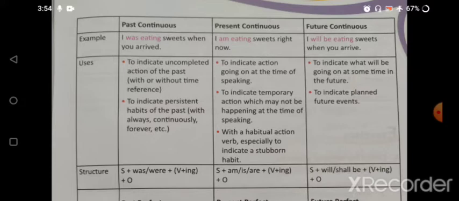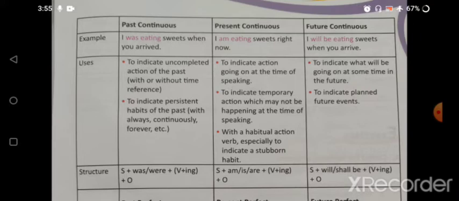So here when we talk about past continuous tense, we write subject plus was or were according to the subject, verb in its ing form, and the object, like I was eating sweets when you arrived. So according to this sentence, we are talking about something that was happening in the past, like it indicates an uncompleted action or past of the past with or without time reference.